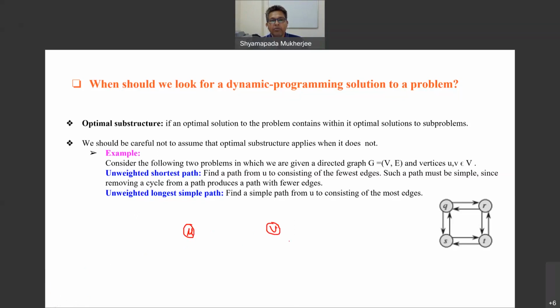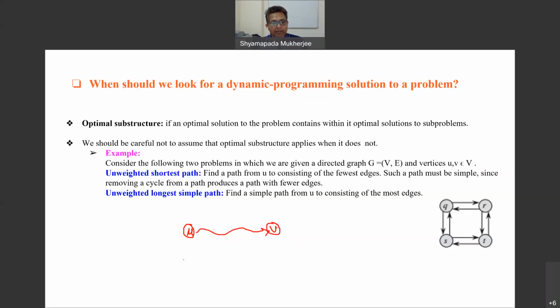A path which does not contain any cycle or loop, because otherwise it may increase the length. That's why we will consider a simple path. So here we want to find a minimum, shortest path from u to v. Does it hold the optimal substructure property or not? That we want to see.